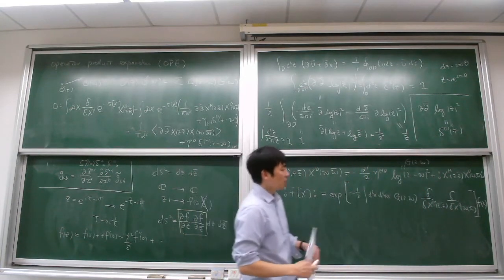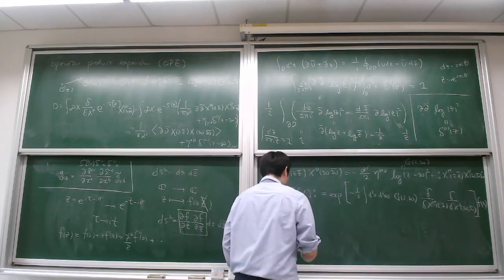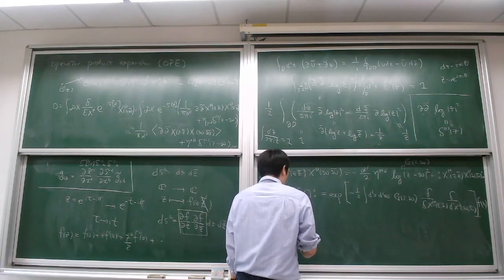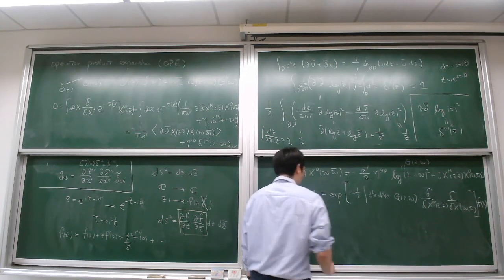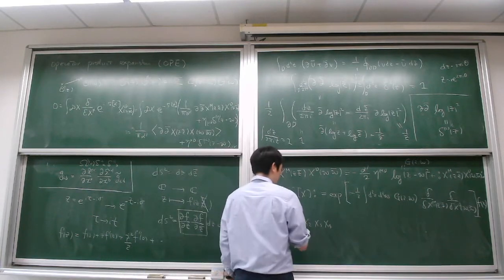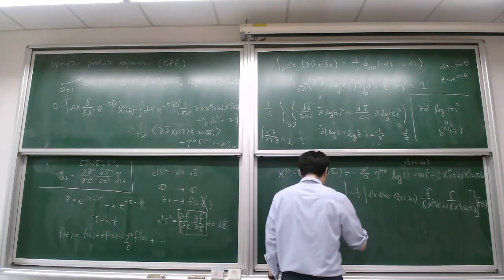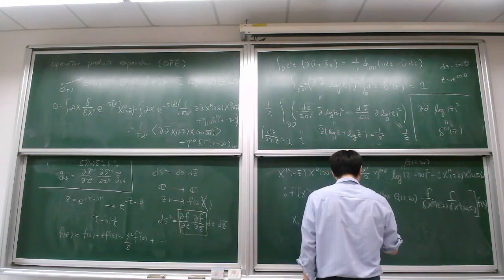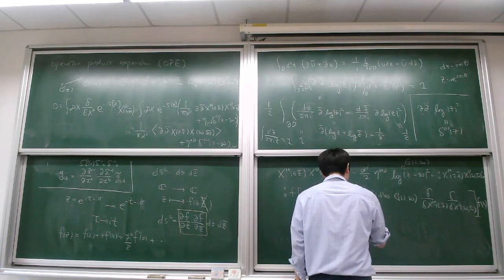So let's do an exercise. For instance, let's consider x1, x2, x3, x4, and the operator product expansion this way. You can take many contractions.